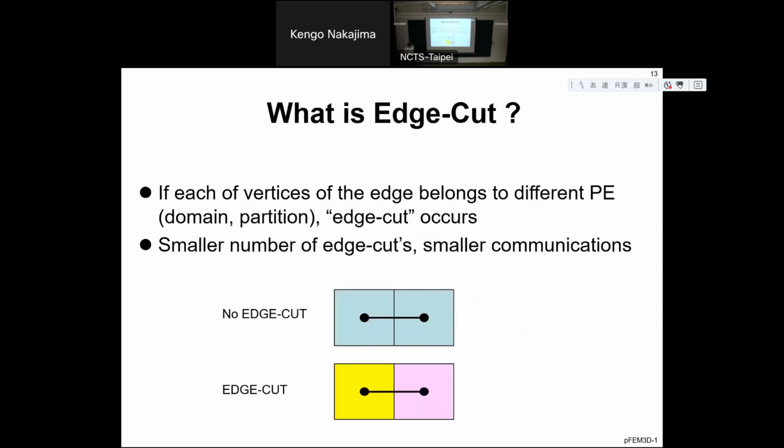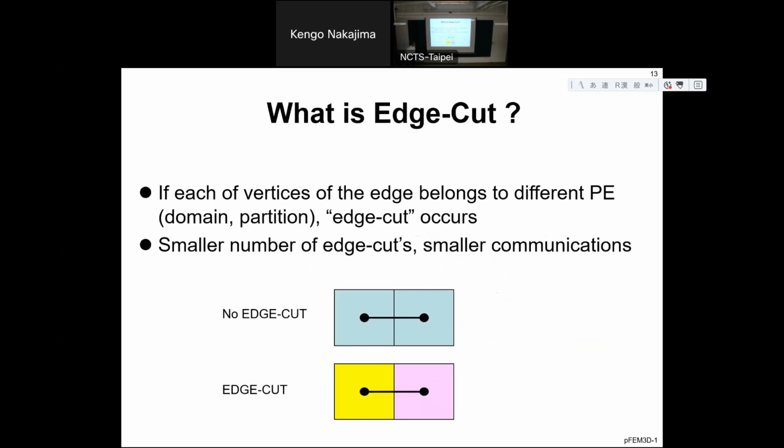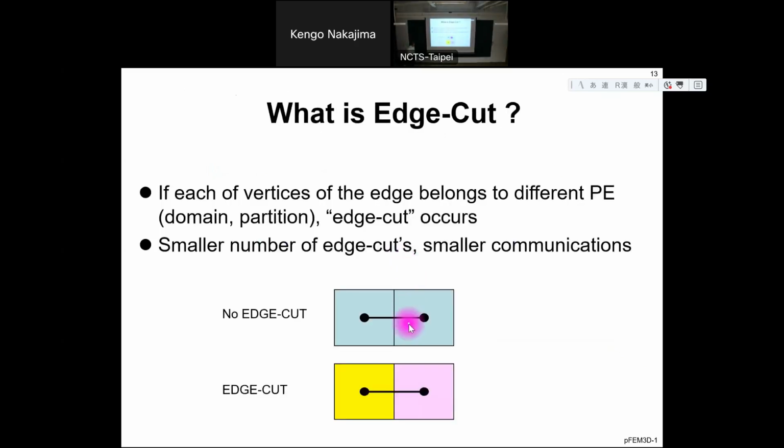For example, this kind of domain boundary is called an edge cut. This is a no-edge-cut case, and in the edge-cut case we have different colors, or different partitions. Generally speaking, a smaller number of edge cuts provides smaller communications, and so this is a better partitioning.